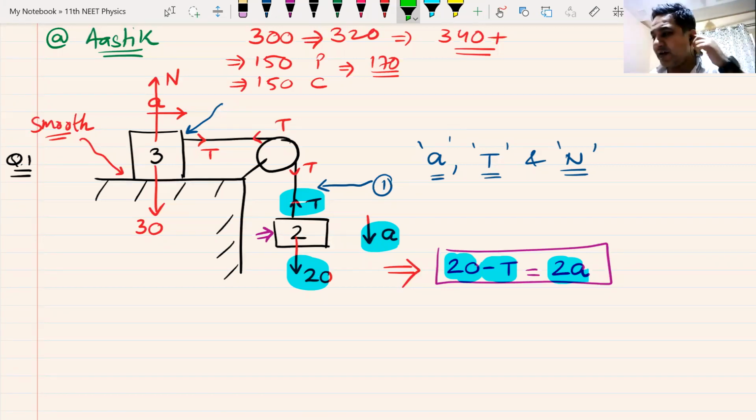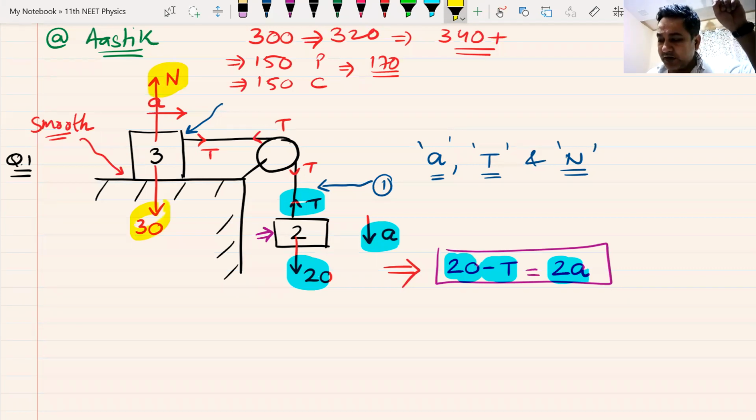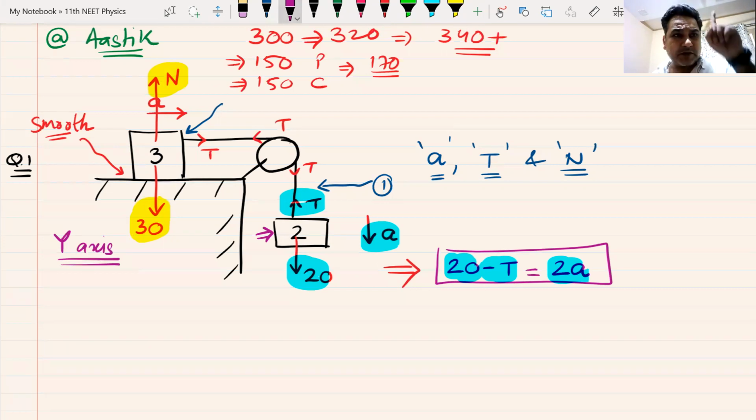What is going to happen along the y-axis? N is upwards and 30 is downwards. What is the equation along the y-axis? The block does not move along the y-axis.